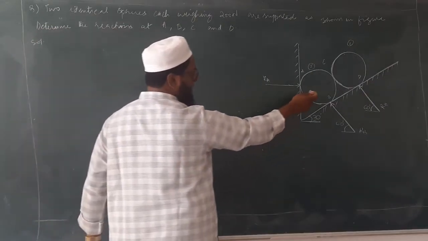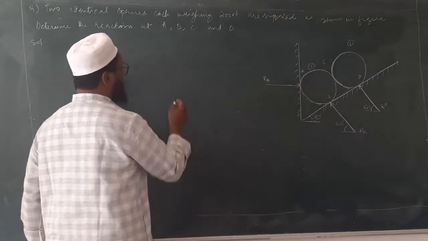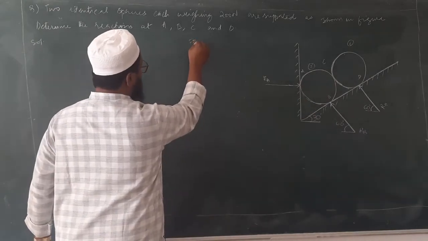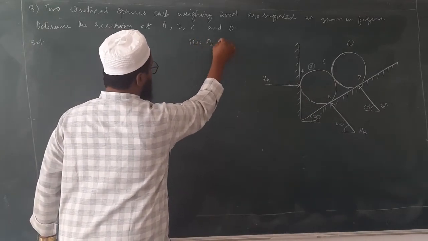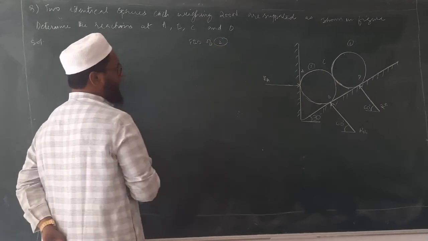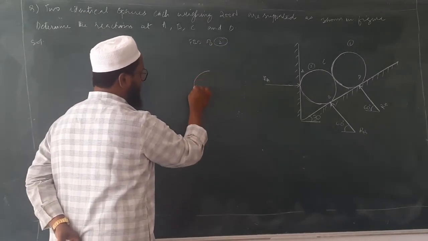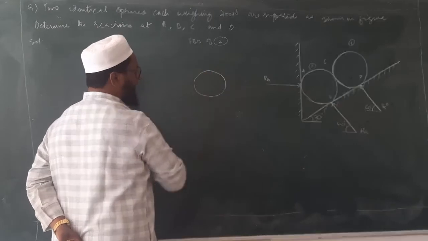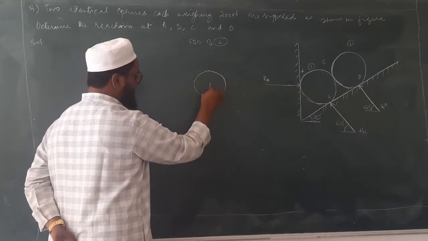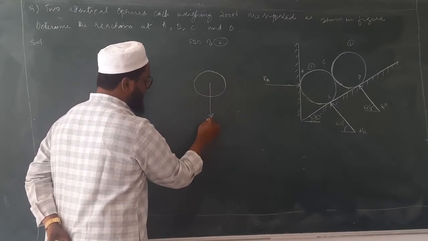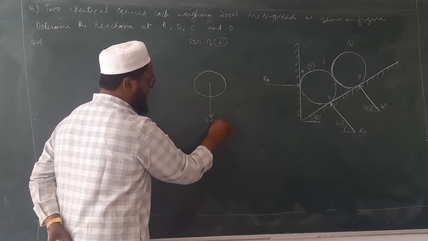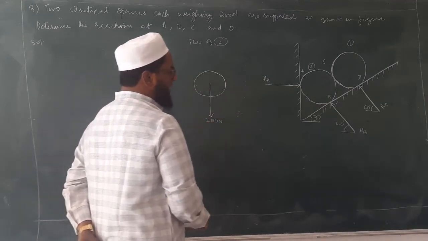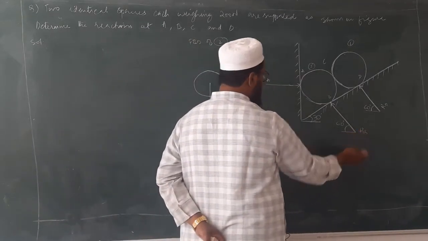So we'll take up this sphere now. The free body diagram of sphere 2. So I'll draw the sphere here. And what is the weight of the sphere? Again 200 Newtons.